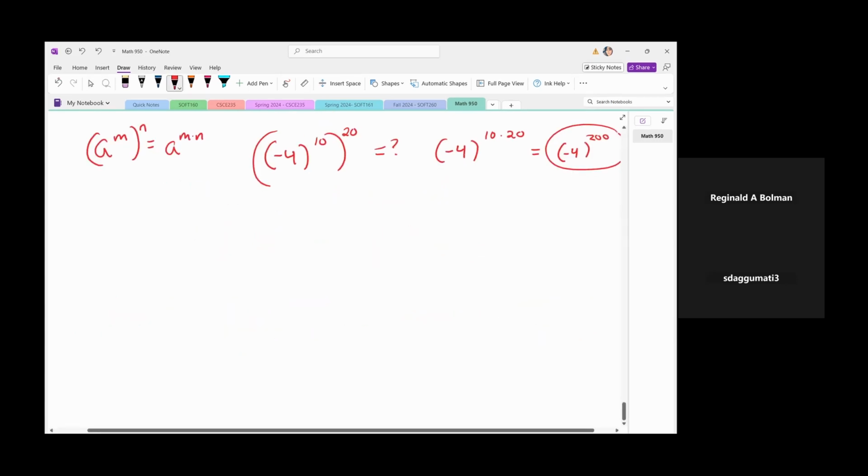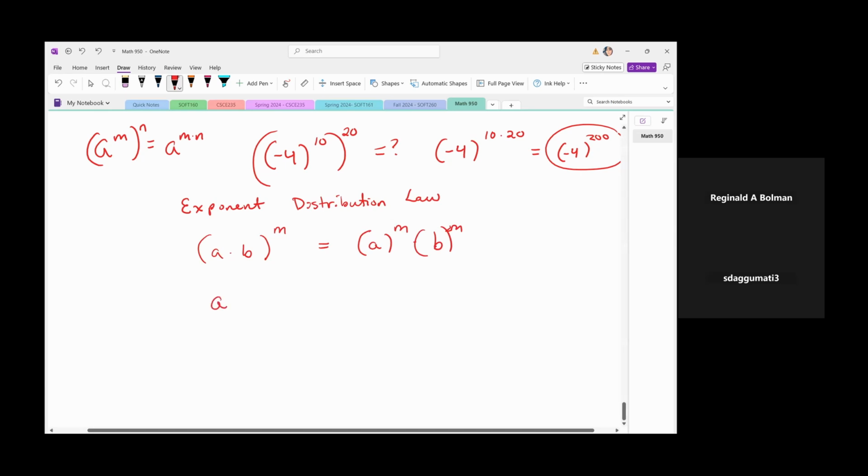Finally, we have what is known as the exponent distribution law. Exponent distribution law really has two different forms. Say you've got two or more numbers all multiplied together, and maybe they are raised to a specific power, you may say that each one of these terms is raised to the specific power.